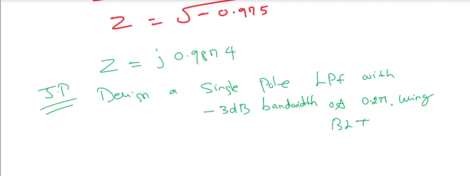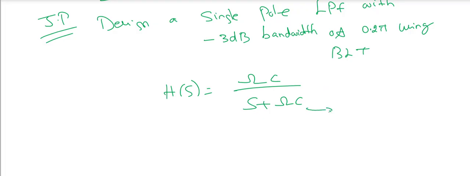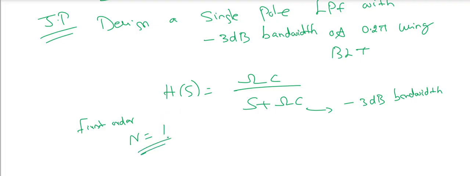So single pole means, you know what is the transfer function for single pole? Omega c by s plus omega c. So omega c is the minus 3 dB bandwidth of the analog filter. So it's a first order filter, so n is equal to 1. The number of poles is equal to the order of the system.